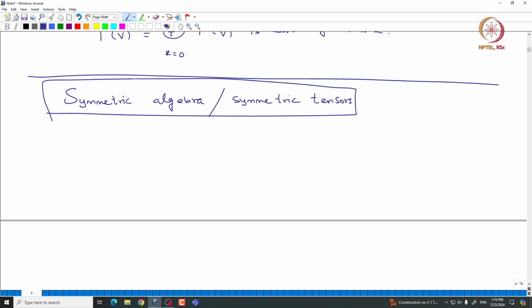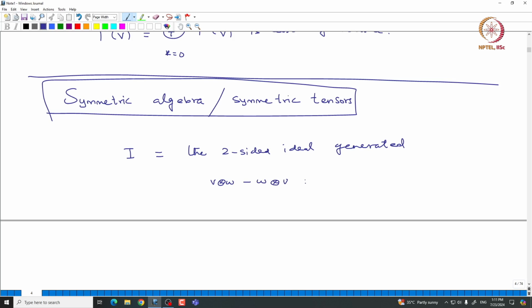So, the symmetric algebra can be defined easily from the tensor algebra. Okay. So, you can take the two-sided ideal, let us call it the ideal I, generated by the elements V tensor W minus W tensor V.